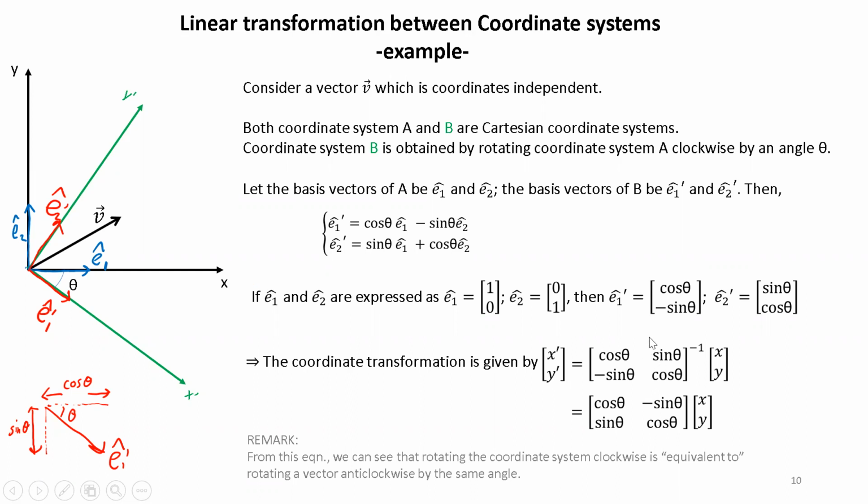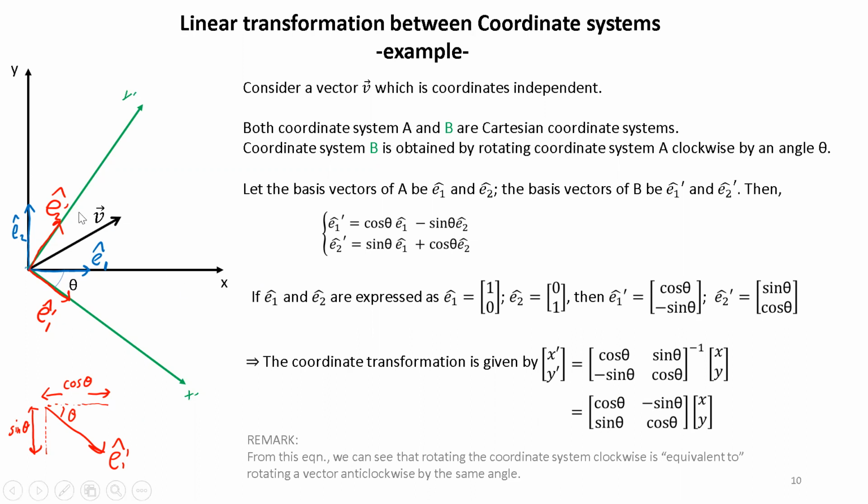Now, of course, you see that this looks exactly like a rotation matrix for a vector. However, if you rethink what it means from the last part of the chapter, when we have this matrix, it means the rotation of a vector by theta anti-clockwise.